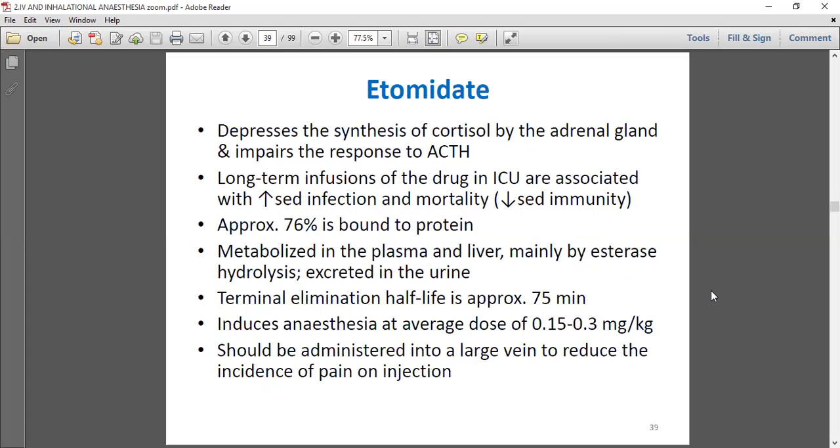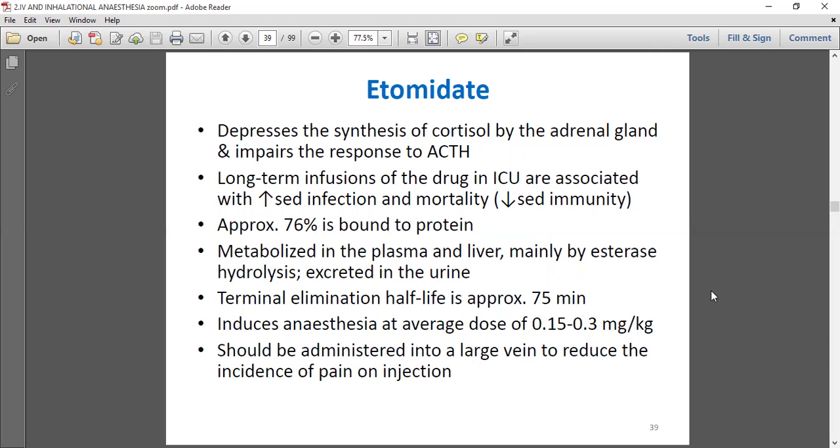And it impairs the response to adrenocorticotropic hormone. So it reduces cortisol in the adrenal gland and therefore impairs the response to adrenocorticotropic hormone.